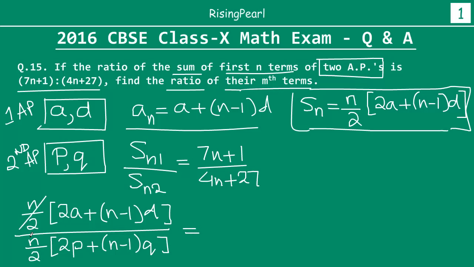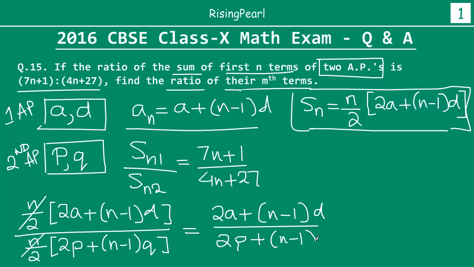Now n by 2 can cancel out. So we have 2a plus n minus 1 times d divided by 2p plus n minus 1 times q, and this ratio is given as 7n plus 1 by 4n plus 27.